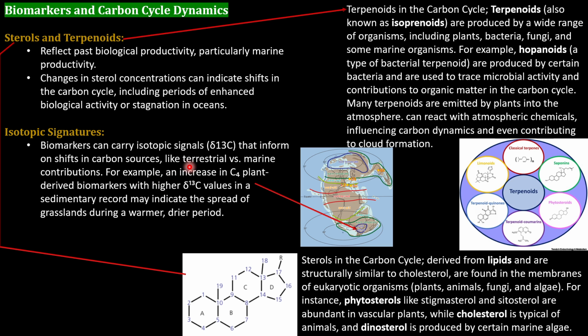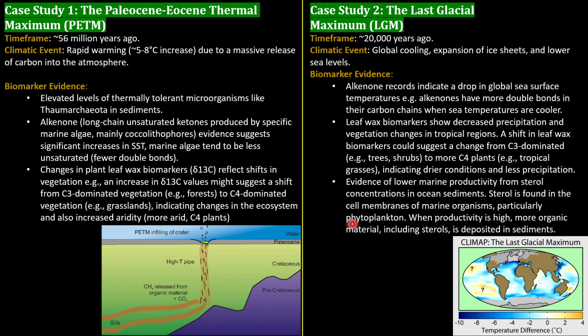So C3 plants will show low carbon 13 in isotope analysis, and in C4 plants the carbon 13 ratio will be high because the carbon 12 isotope will be low. By analyzing this complex isotopic analysis and biomarkers, we can interpret past environmental reconstruction.